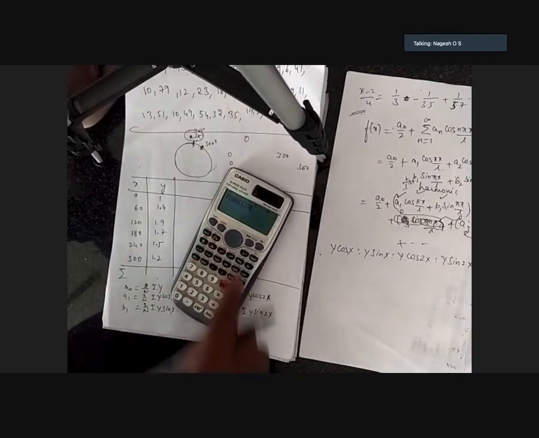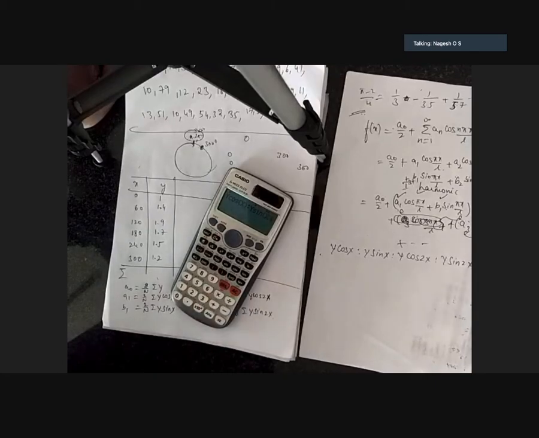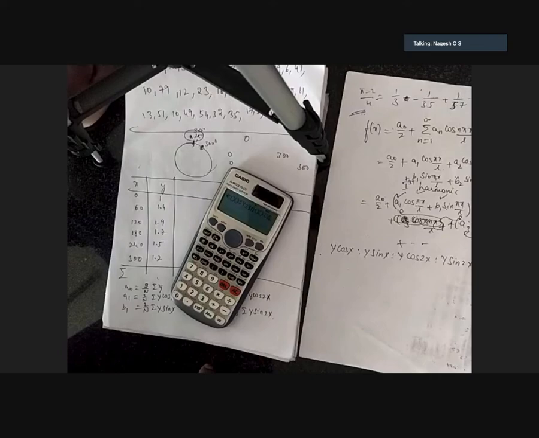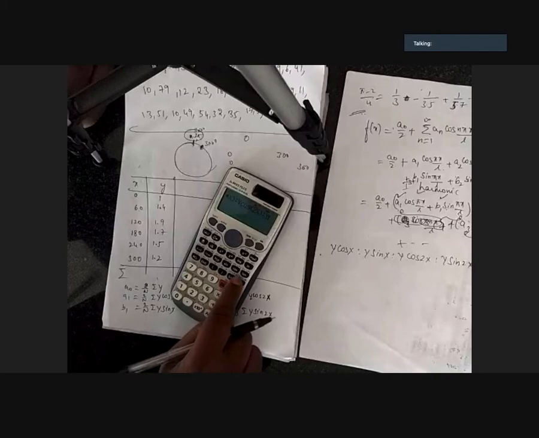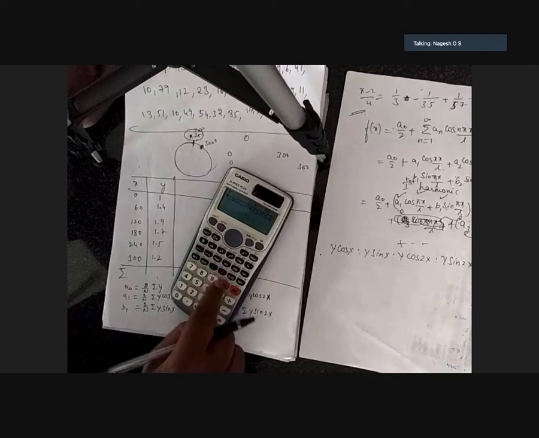Next, alpha y sin alpha x, close the bracket, again colon, y cos 2x, alpha y cos 2 alpha x, close the bracket, again colon, alpha y sin 2 alpha x, close the bracket again.